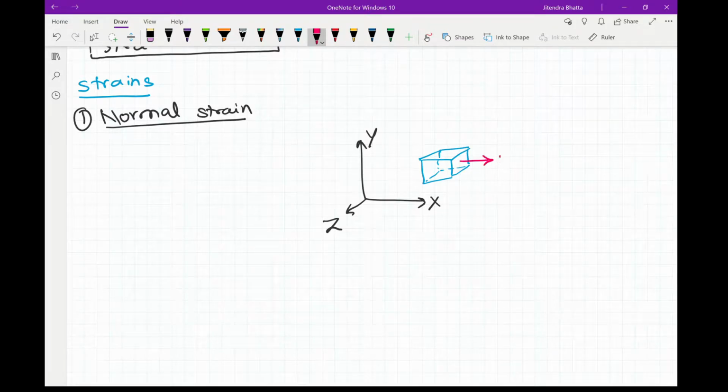That means we have applied force in the x direction, force in the y direction, which is Fy, and we have applied force in the z direction, which is Fz.